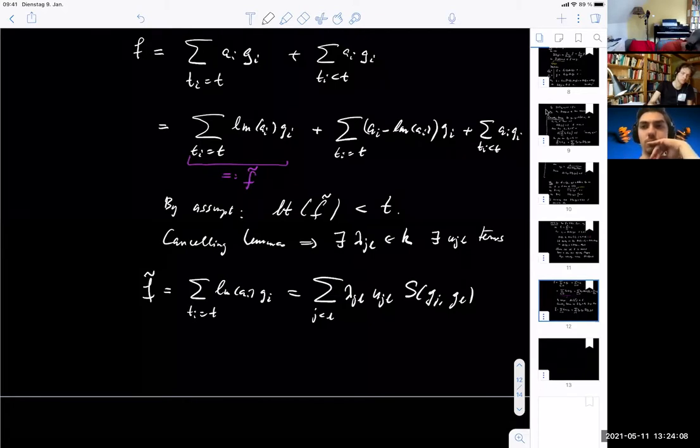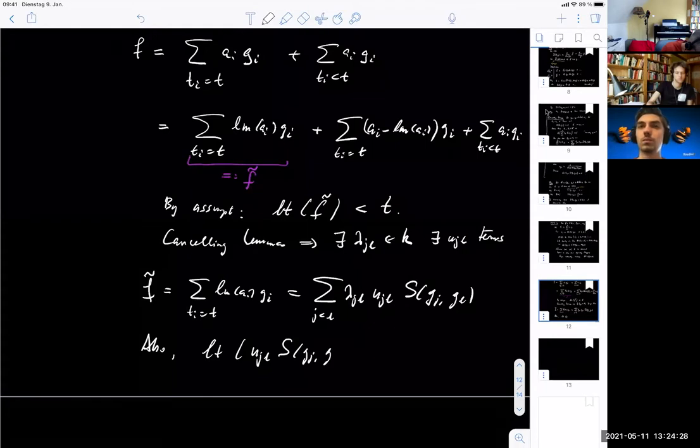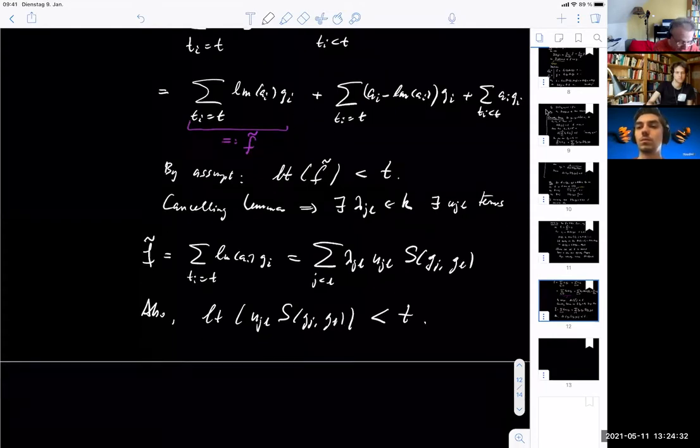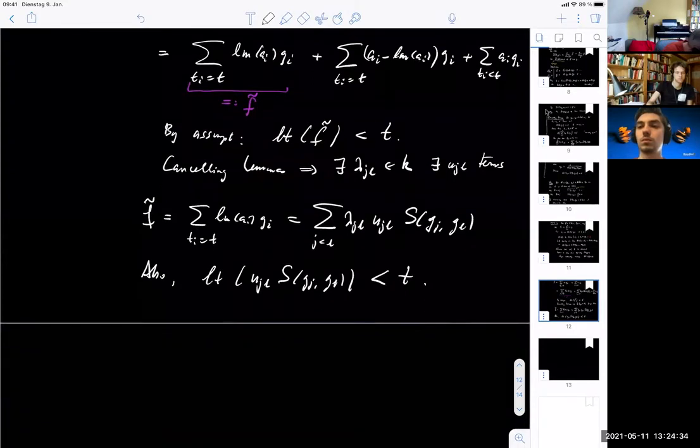Also, I know from the lemma that the leading terms of all these contributions are less than t. It's also part of the canceling lemma.